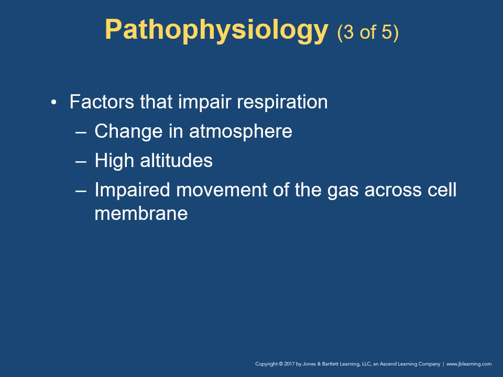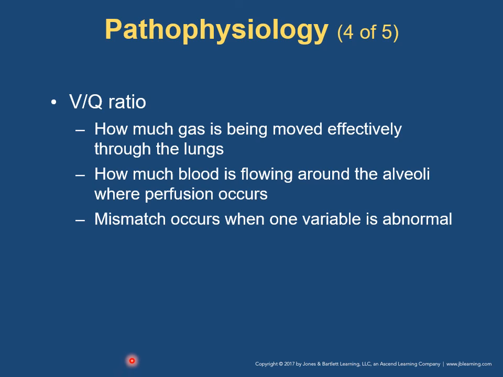Factors that impair respiration are changes in the atmosphere, high altitudes, or impaired movement of gas across the cell membrane. This is ventilation and perfusion mismatch. So the VQ ratio describes how much gas is being moved effectively through the lungs and how much blood is flowing around the alveoli where gas exchange or perfusion occurs.